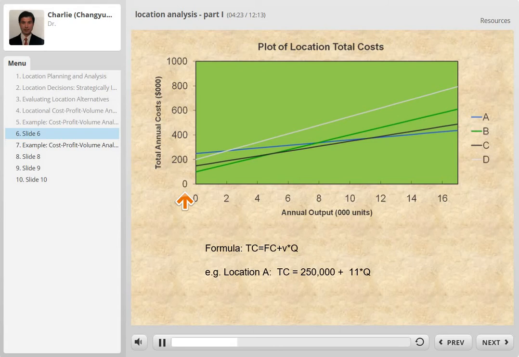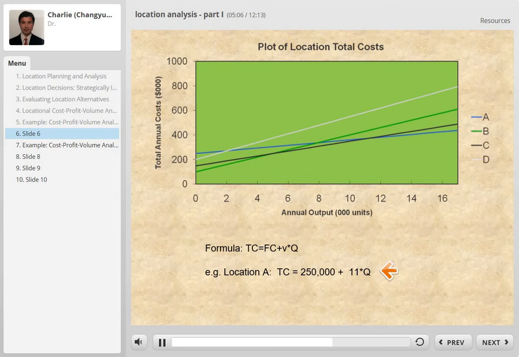So the formula, as we saw, is TC equals FC plus V times Q. For example, for location A, we know that the fixed cost is $250,000, and variable cost per unit is $11 times Q. So total cost for location A equals $250,000 plus 11 times Q. Basically, what we are doing here is plugging in the numbers of FC and V, the variable cost, for location A. This line, TC equals 250,000 plus 11Q.